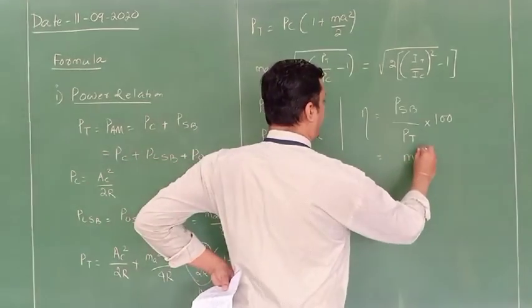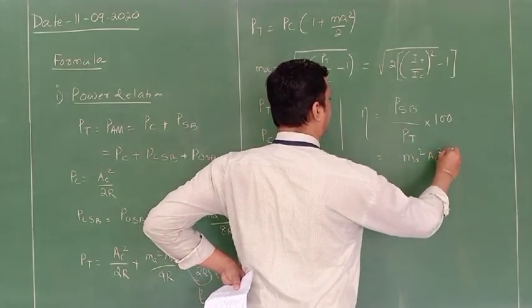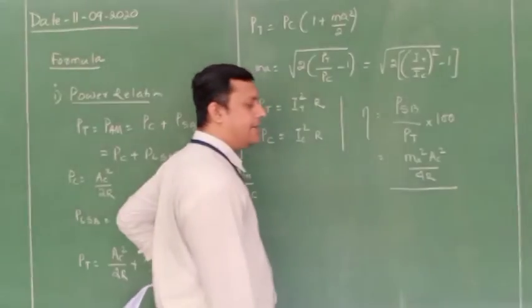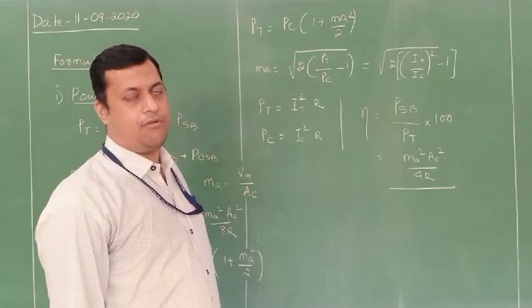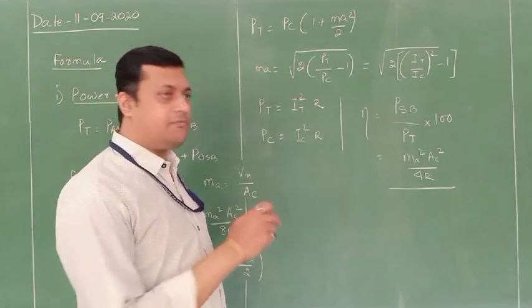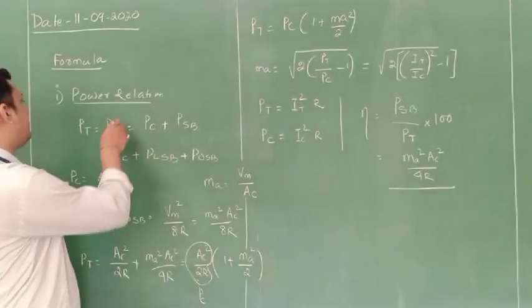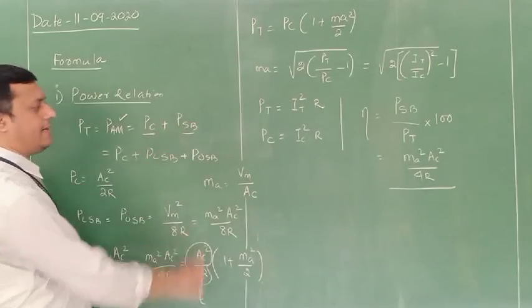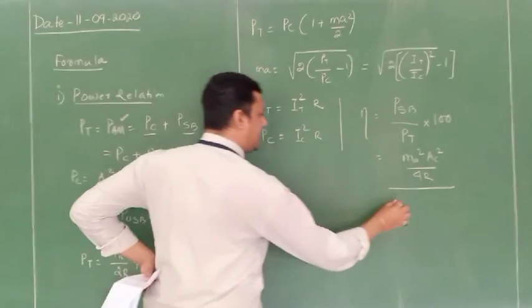It is Ma square AC square divided by 4R whole divided by transmitted power. Now what is the transmitted power? The transmitted power is the AM signal, which consists of carrier and sideband. So what is our carrier?